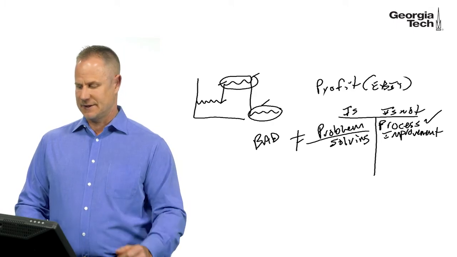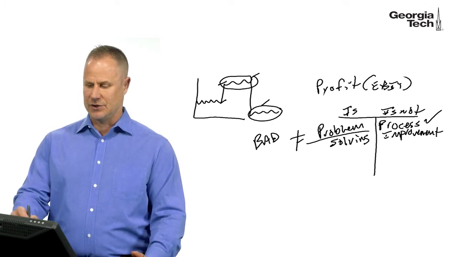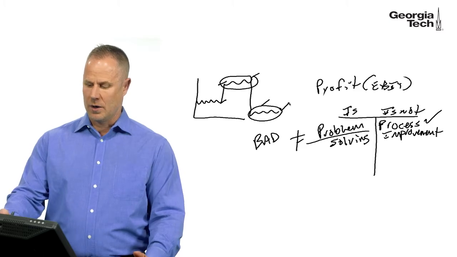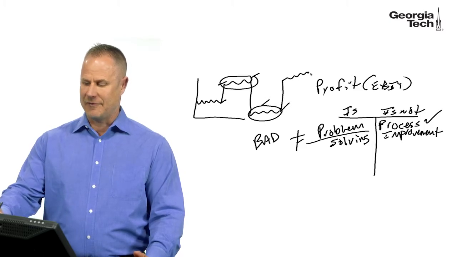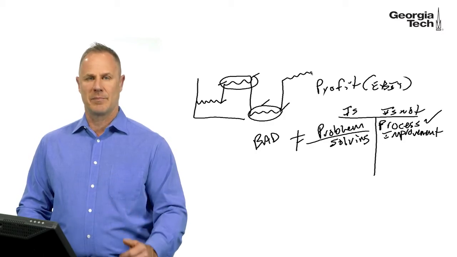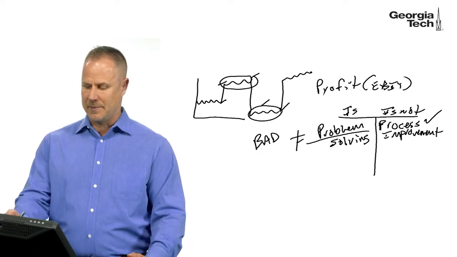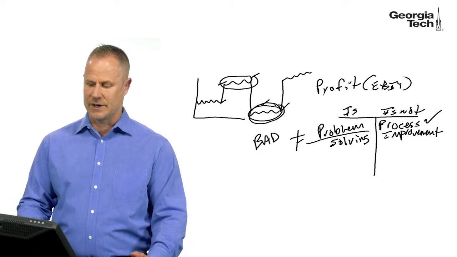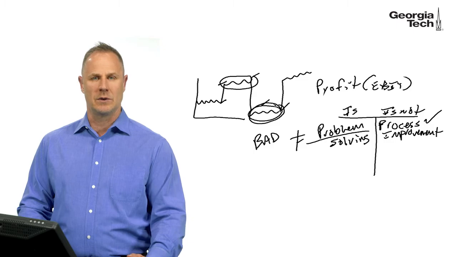So what Lean Six Sigma is, in its simplest term, is showing before and after improvement on a mathematical metric. So when you hear the terms green belt, black belt, master black belt, these are people that are taking mathematical metrics whose performance we don't like.